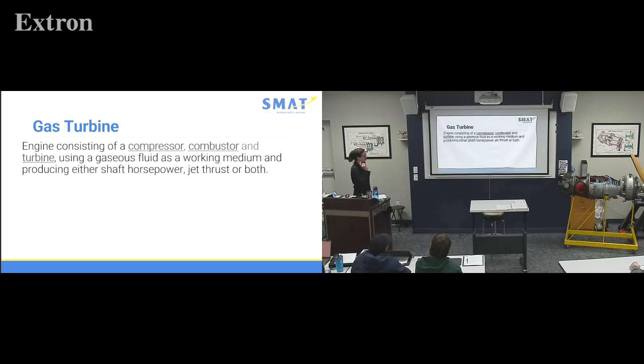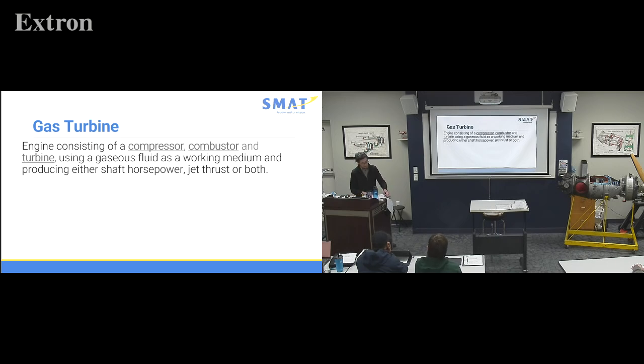Very good. So compressor, combustor, turbine, using a gaseous fluid as a working medium, and it's going to produce either shaft horsepower or jet thrust, or maybe both.